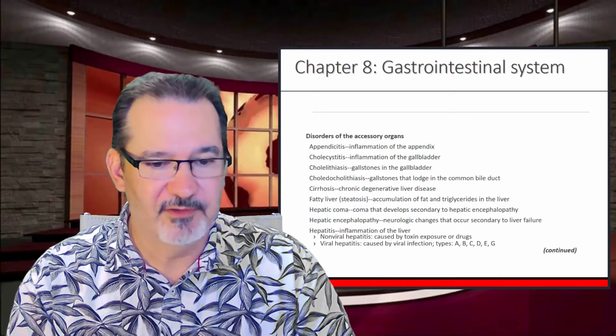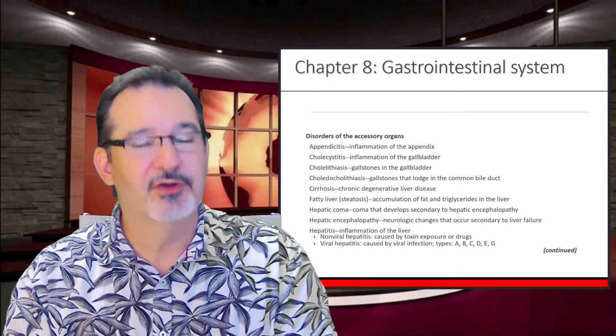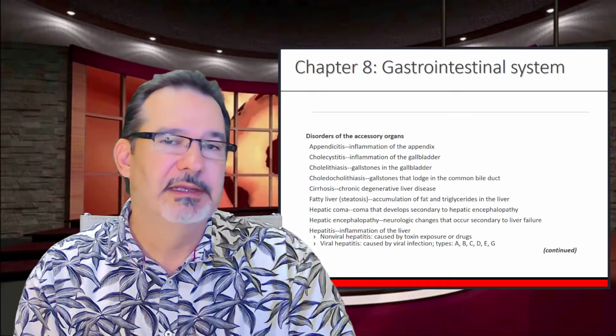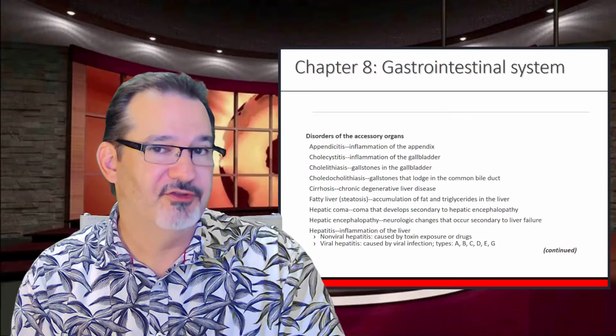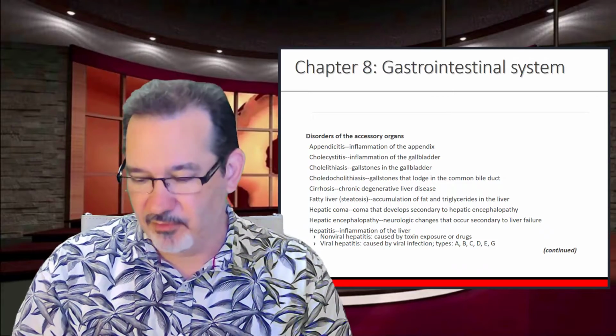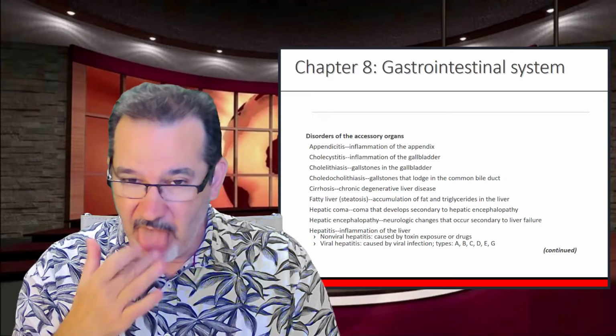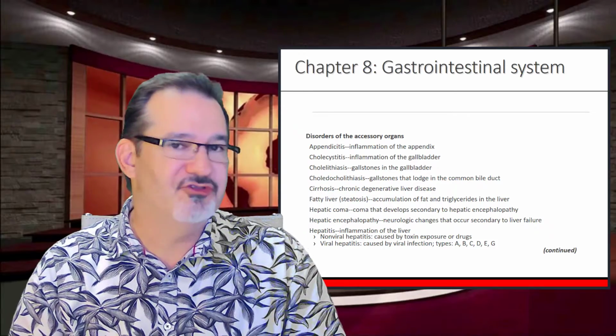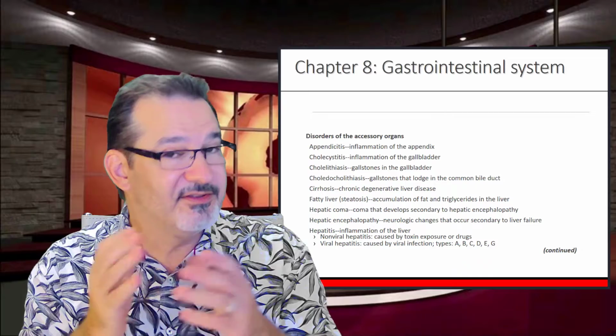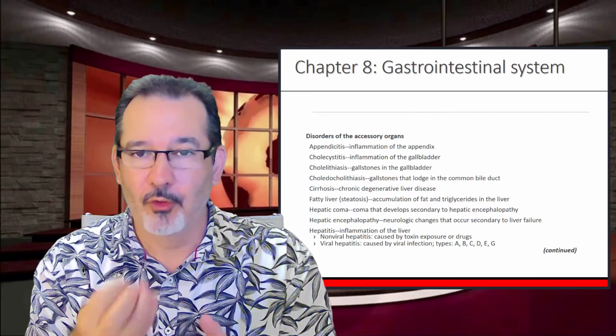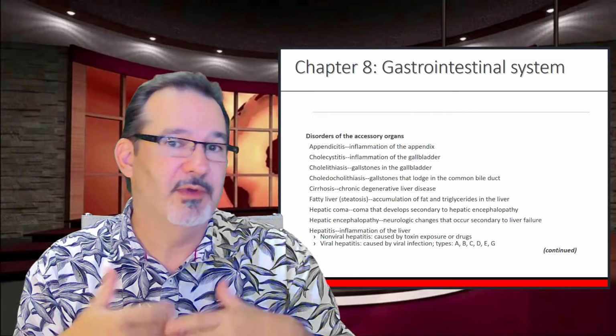Hepatitis, inflammation of the liver. So hepat is liver, itis, inflammation. Two types of hepatitis, viral and non-viral hepatitis. We have different types, A, B, C, D, E, G. Hepatitis A is oral fecal hepatitis. That's how we contract it.